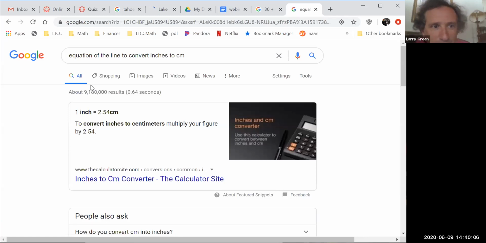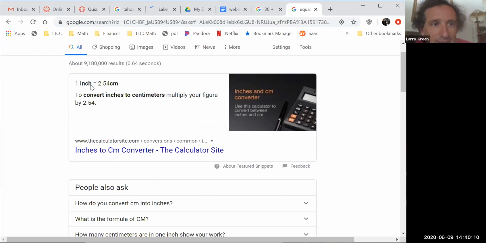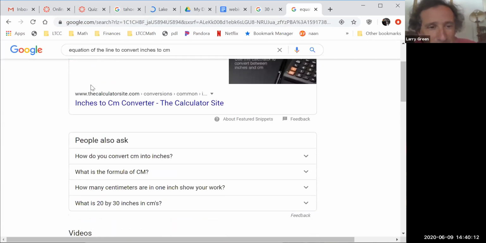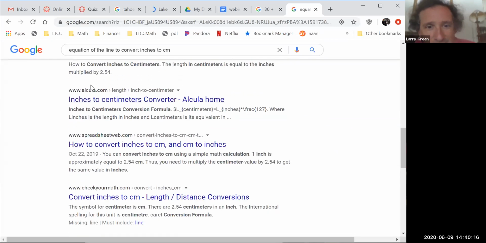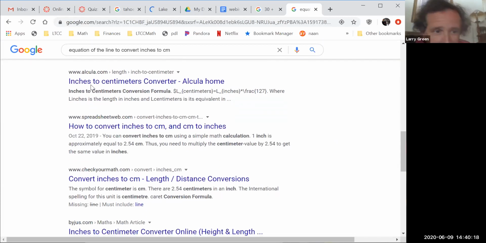Hopefully that will do better. Okay, 1 inch equals 2.54 centimeters, but we need more than that. Okay, so it's just y equals 2.54 x. Or actually it's x equals 2.54 y, so it's y equals 1 over 2.54 x.